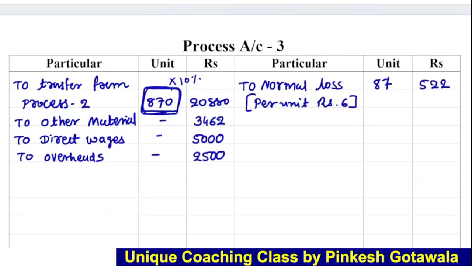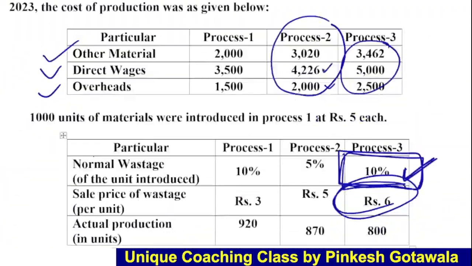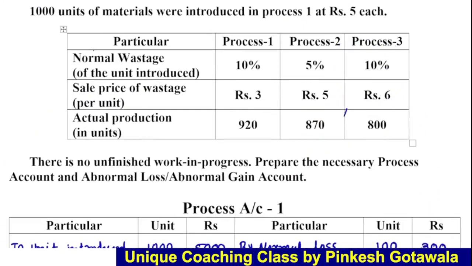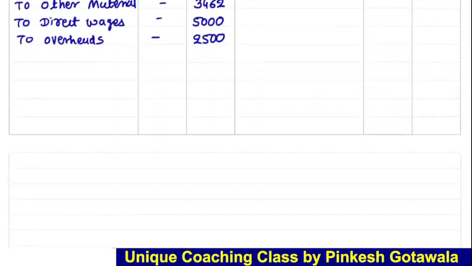Now the next in this question, the same point. In all three processes it is the same point. Here actual production is given in process 3. Actual production is given 800. So let's see whether there is abnormal gain or loss.